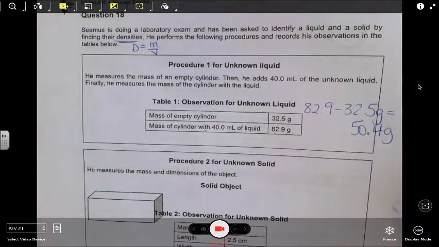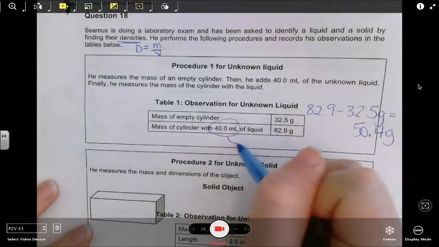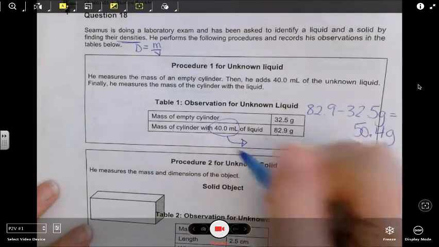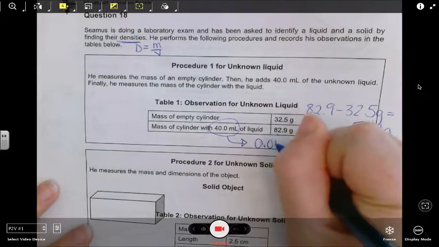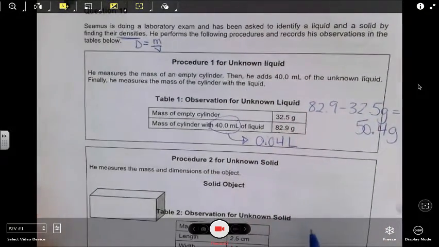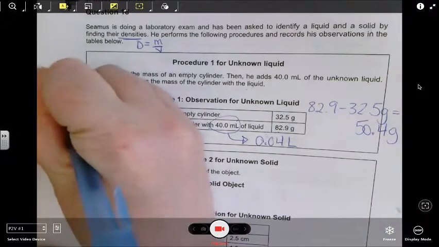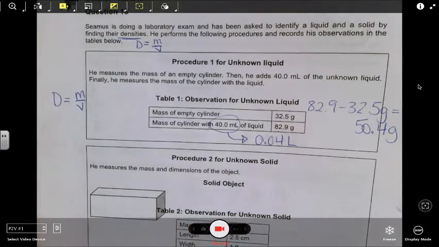Okay, we're supposed to write our answer in grams per liter. So if we have 40 milliliters, I'm just going to go ahead and change this into liters. Okay, so 40 milliliters is actually 0.04 liters. So what I'm going to do is density equals mass over volume. So we're going to do the mass divided by the volume.